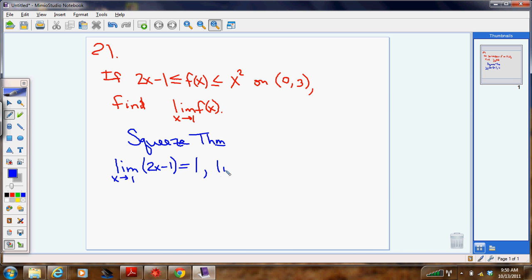And you guys probably already see the result of the last part. The limit as x approaches 1 of x squared, again, just dealing with a polynomial here, and so direct substitution will get us 1 as well. Now since those two limits are the same, by the squeeze theorem, we would have the limit of f of x also equal to 1.